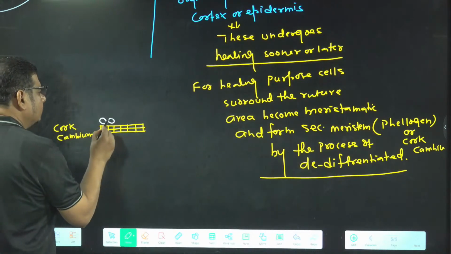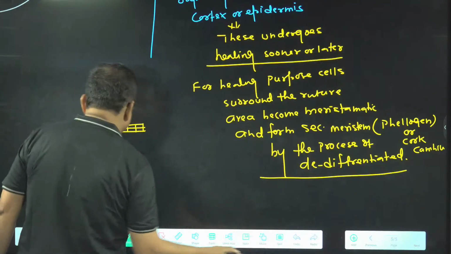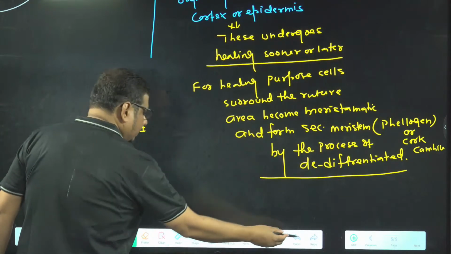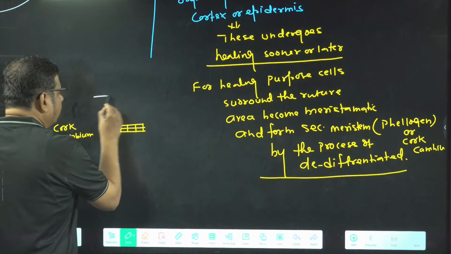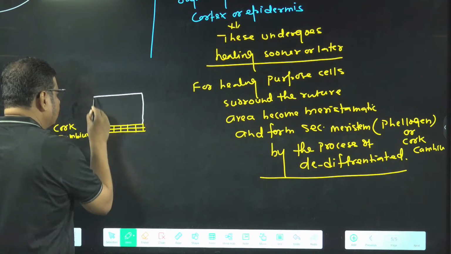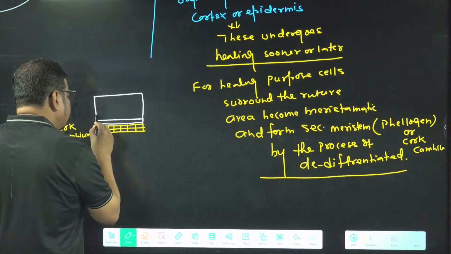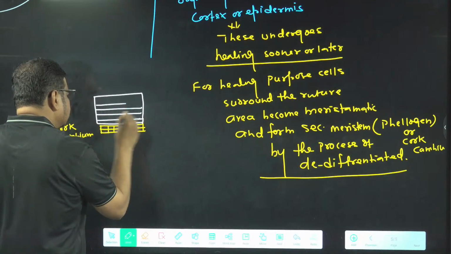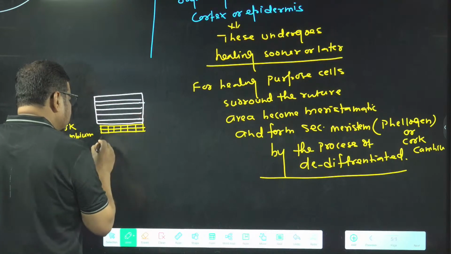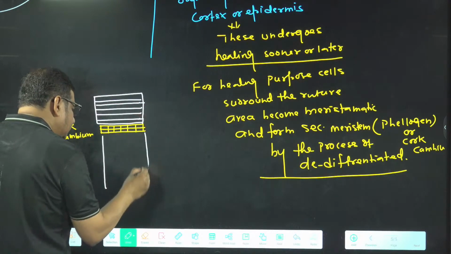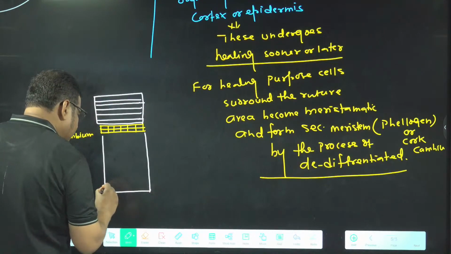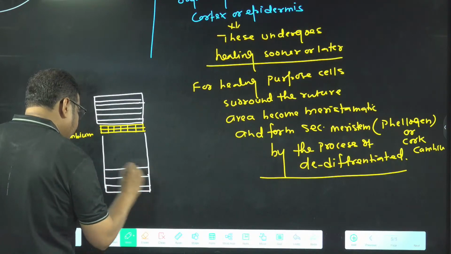Cork cambium shows its activity toward outside, and they are making many layers of rectangular cells toward outside. They show activity toward inside, and inside also they are forming many layers of rectangular cells.